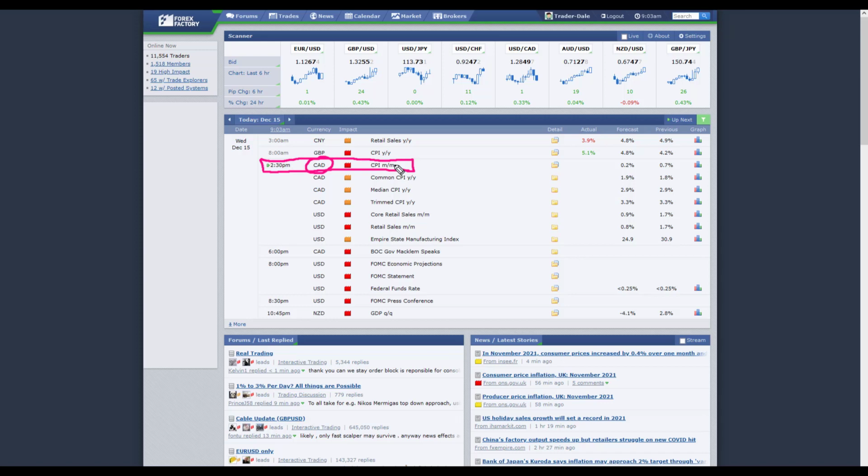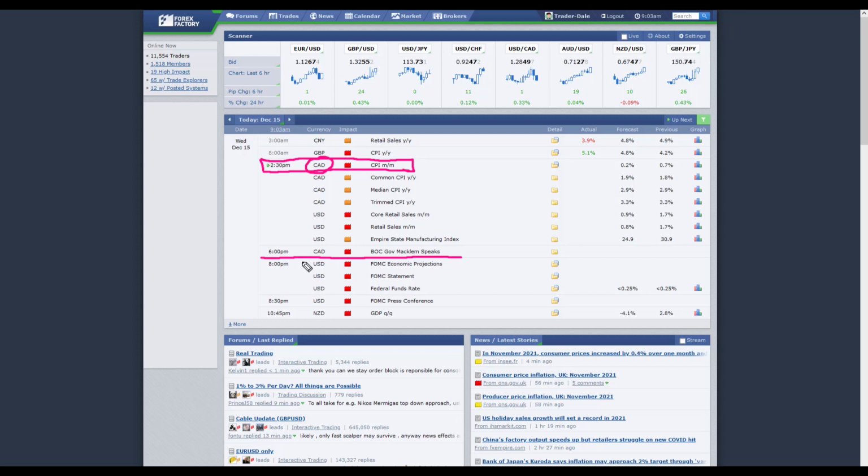Also, if there is some post-macro news volatility, you want to avoid trading that because that would be extremely risky, and during news there's no way of telling what the market will do and if it will respect the level or if it will just shoot past it. Alright, so no trading during the news, be really careful about that. What can also move the Canadian dollar and also the Canadian dollar Swiss franc is the FOMC news.